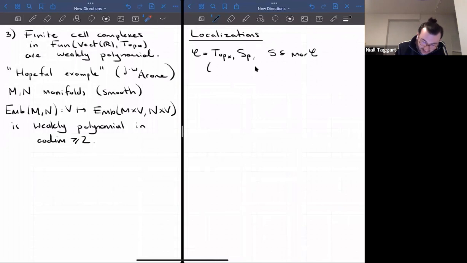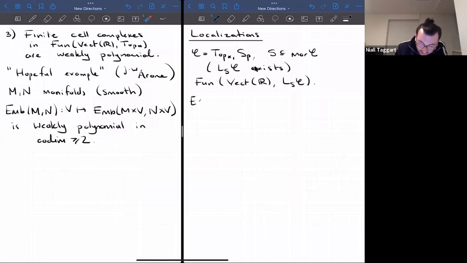So this in particular means that the left Bousfield localization at S exists. Then we're going to look at functors from vector spaces over the real numbers to this localization.